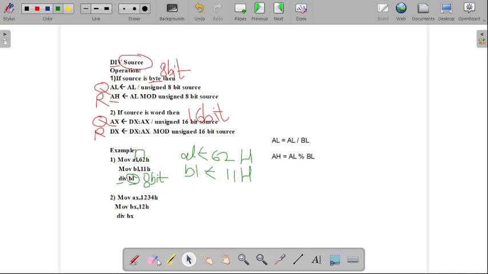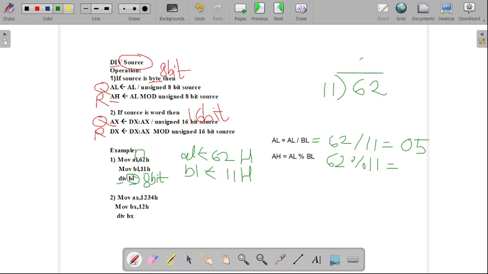Whenever we put in the values, we get our result. So I'm writing here 62 divided by 11 and 62 mod 11. 62 divided by 11, we get 05. After performing the division, we got 5 as a quotient, because when dividing 62 by 11, 11 fives are 55 and our remainder will be 7.